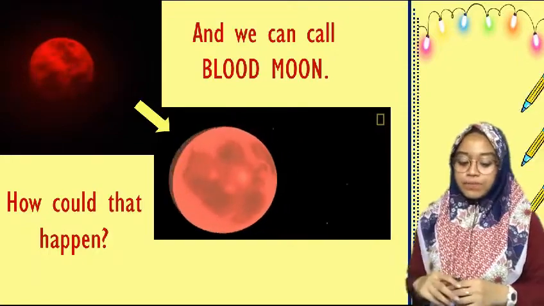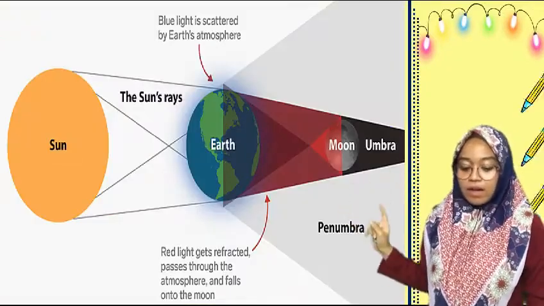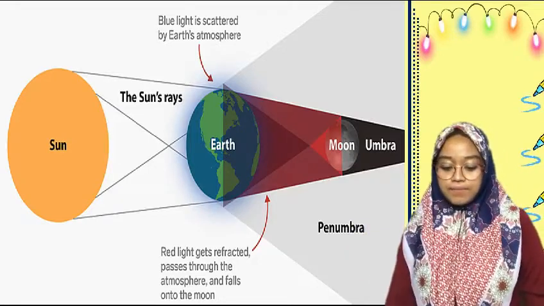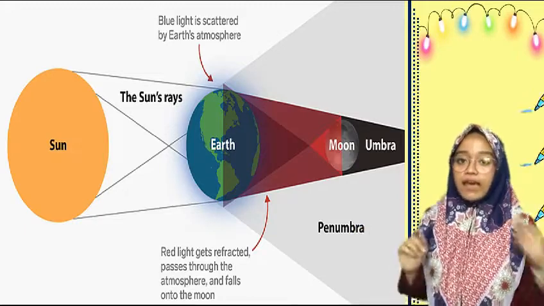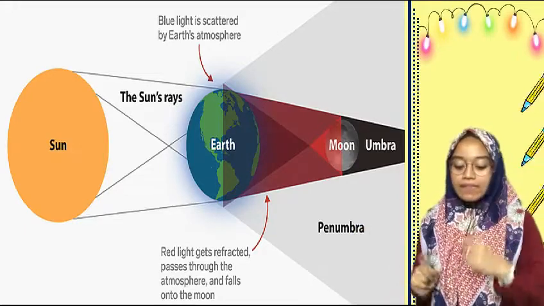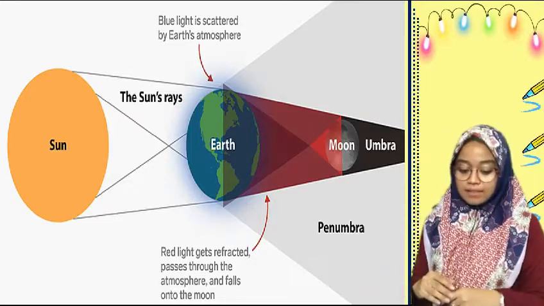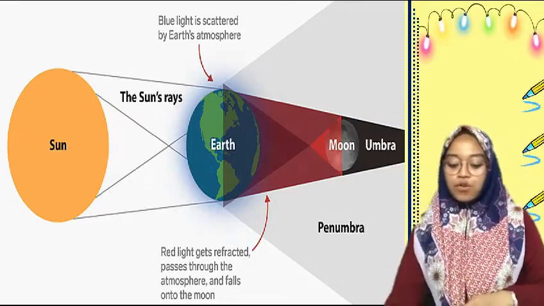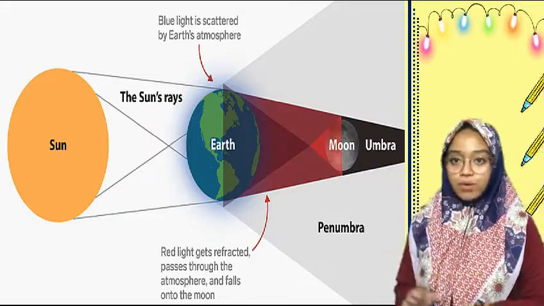Okay, next, you can see this picture. The blue light is scattered by Earth's atmosphere, and then the red light gets refracted, passes through the atmosphere and falls onto the moon.